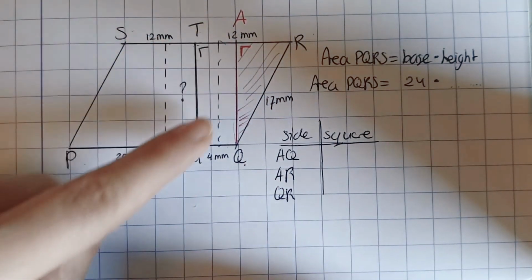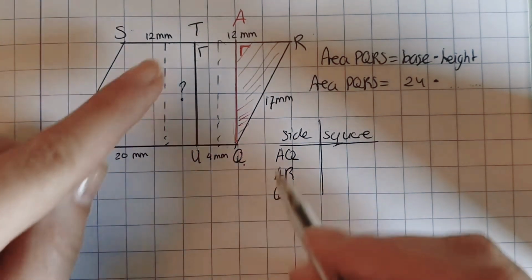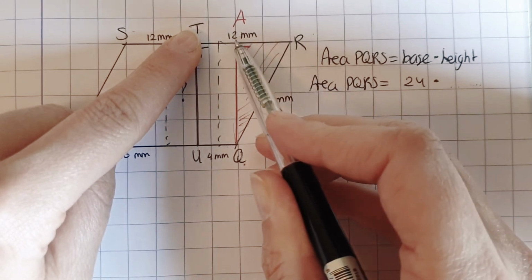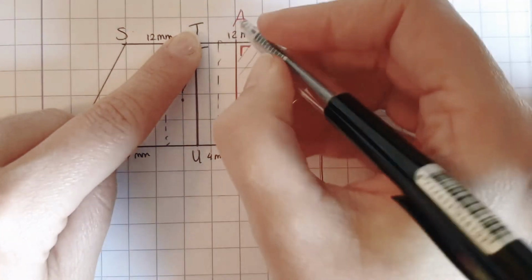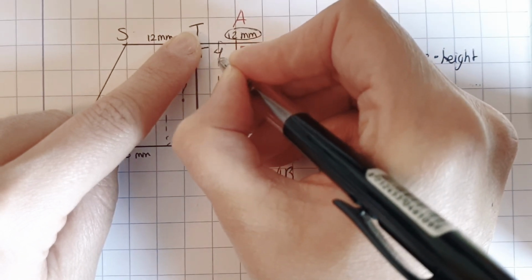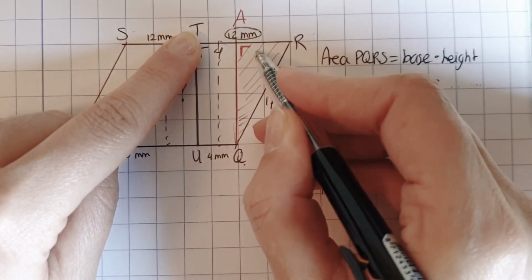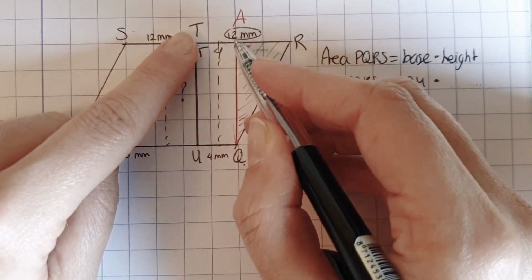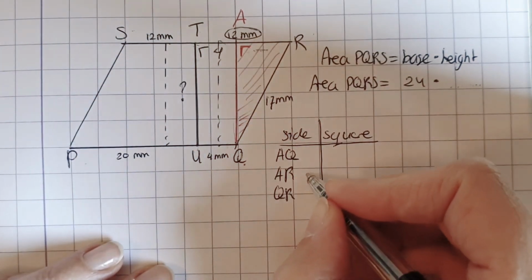Yes, you have to do 12 minus 4. Do you see that? This is 12. From here to here, it's 4. You can also write it down. So this whole length is 12. From here to here, it's 4. So what's the leftover for this little part? It's 8. So from A to R, it's 8.